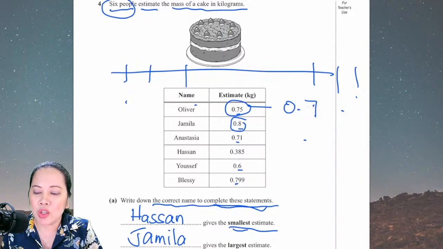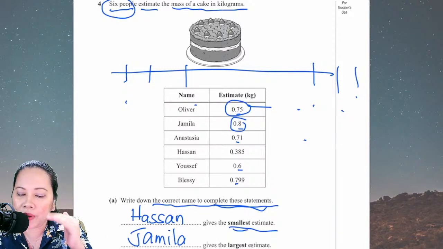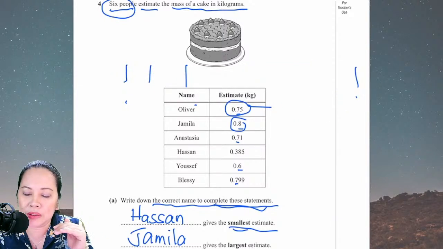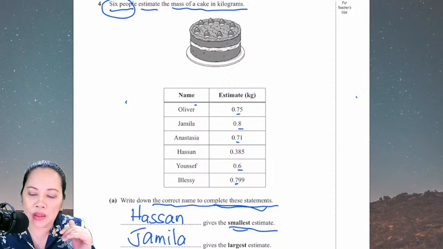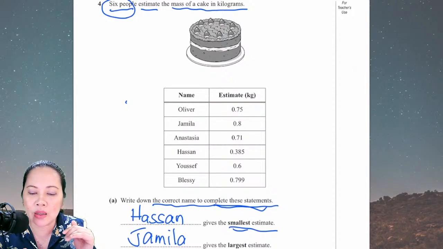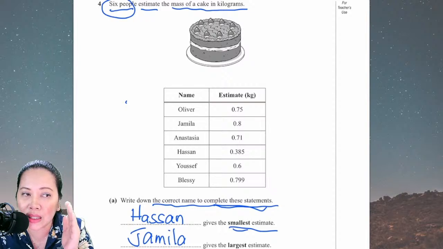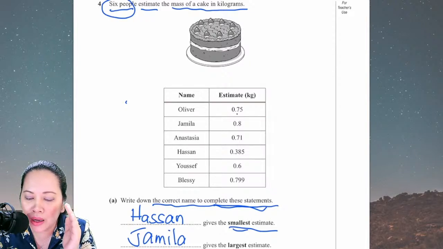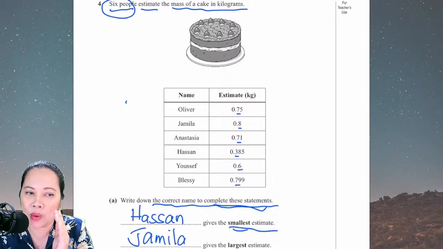All right? So always look at the number right after your decimal. So what would be your estimate? It depends on the order of your decimal. So right after your decimal, 0.7, 0.7, 0.8, 0.3, 0.6, 0.7. So that is how you order.